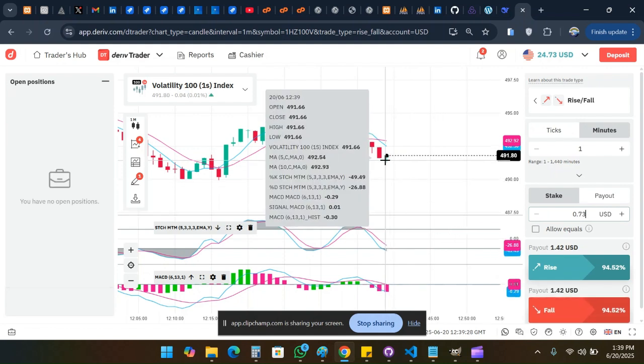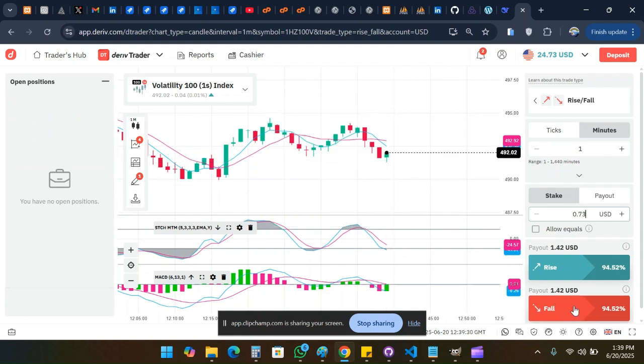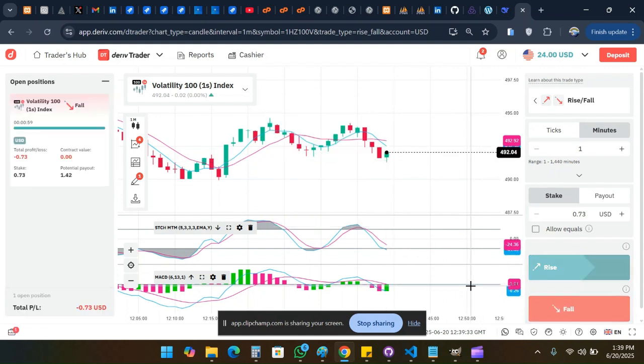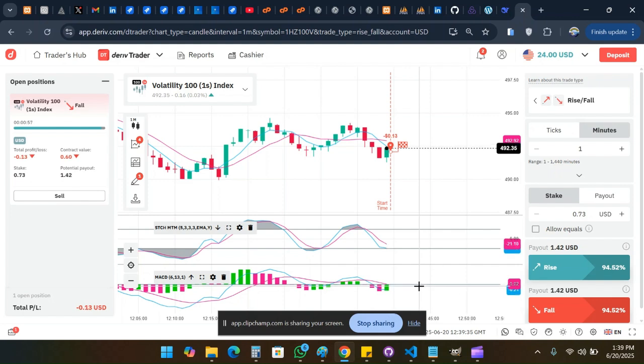I'll allow this candle to give me a buy signal. Then I'm going to sell again. I'll tell you the reason why I'm selling that. Okay, I think we need to be patient here.